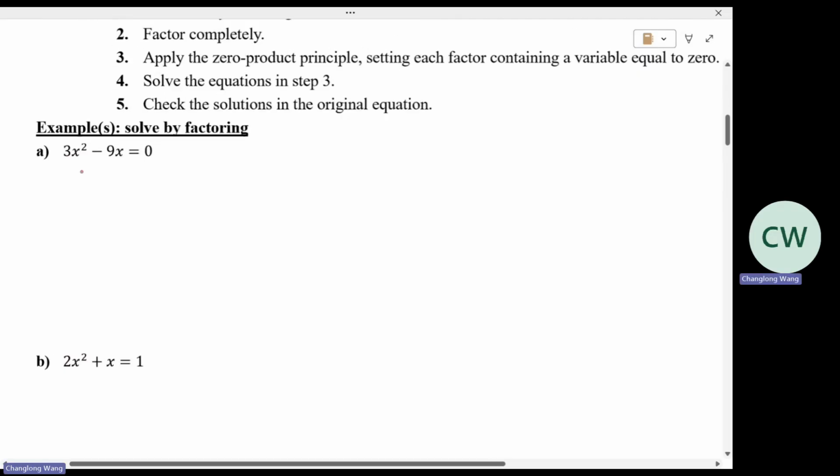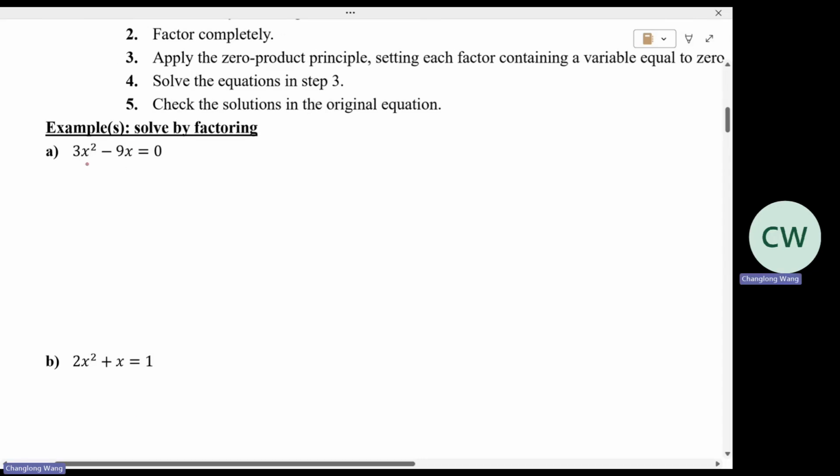All right, so we're looking at 3x squared minus 9x. First off, I want to identify something called the greatest common factor. Or in this case, it's more appropriate to call it the greatest common monomial factor, right?